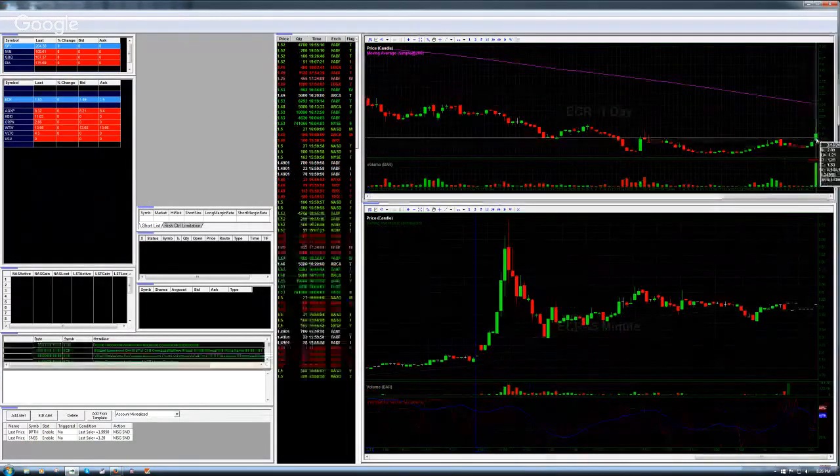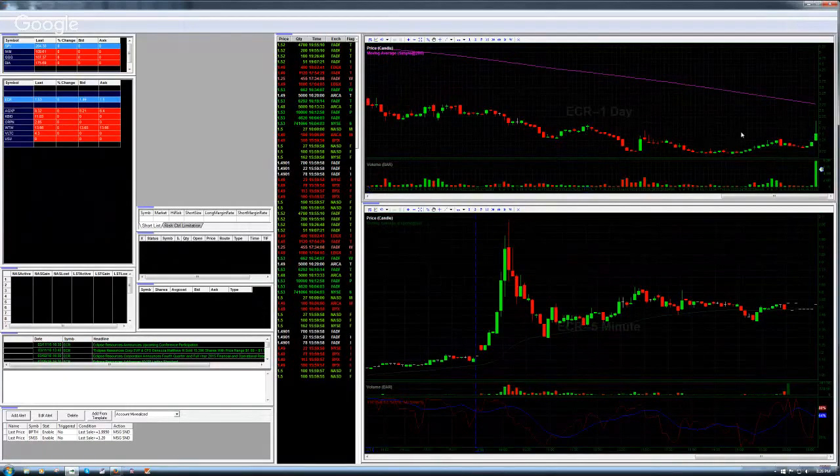ECR traded 8.1 million on Friday, so on and so forth. So that volume, what's important is not necessarily the average volume. The average volume is important, right? But what's more important is the relative volume, meaning how much it's trading today versus what its normal average is.